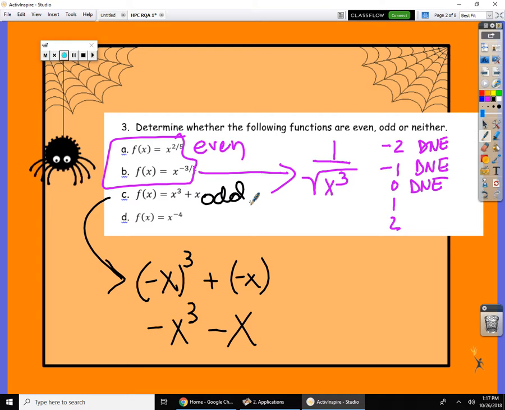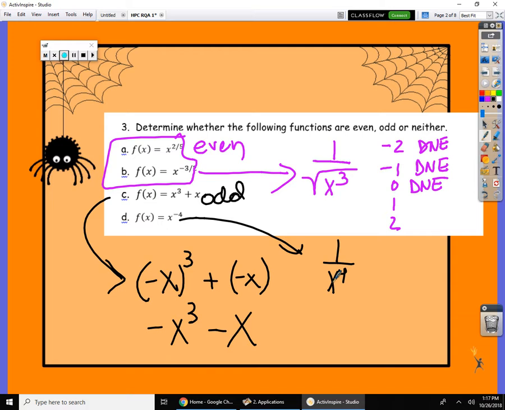All right, this last one is 1 over x to the 4th power. What's going to happen if I plug in -2 and +2? It's going to be the same exact answer. So it's even. That brings me to another test, okay? You guys struggle, and by you guys I mean all students.